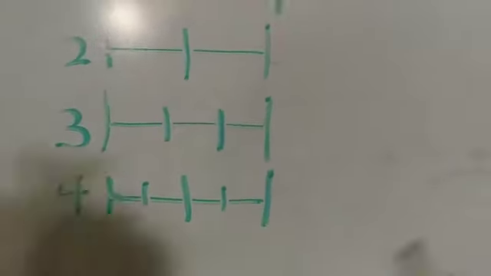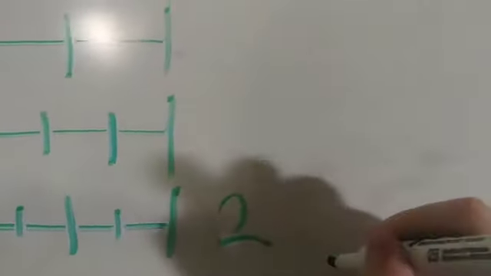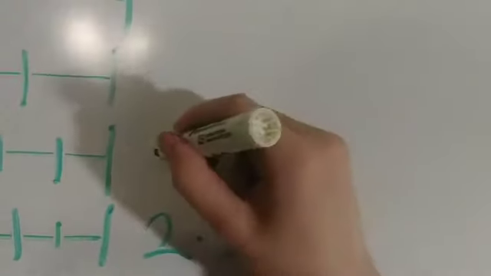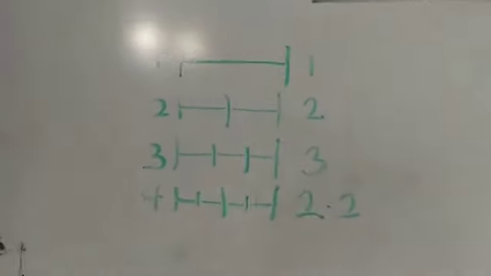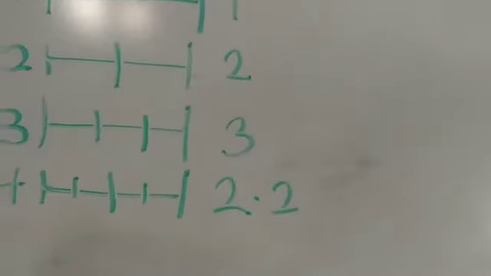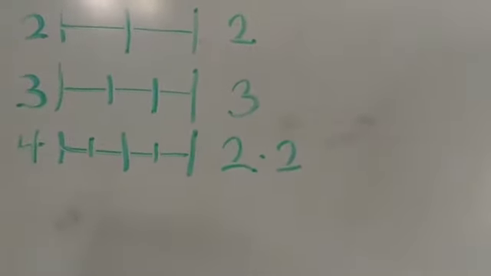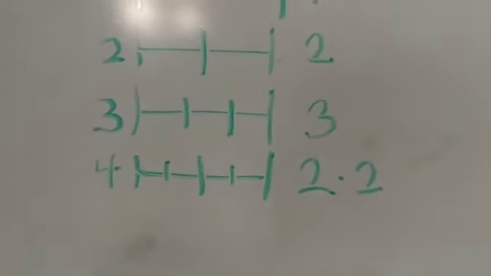And so 4 is 2 times 2. 3 is just 3, 2 is just 2, and 1 is just 1. Most of the time we forget about 1 because it is not very useful when it comes to talking about primes.